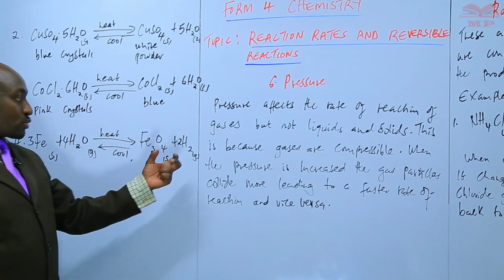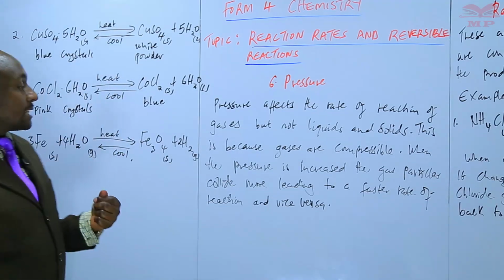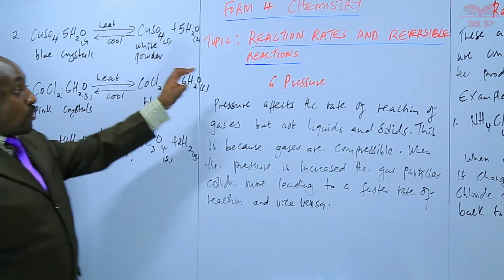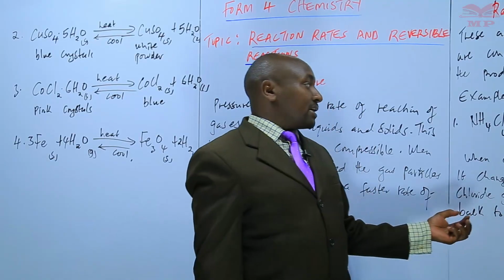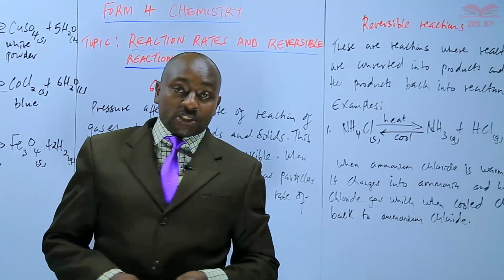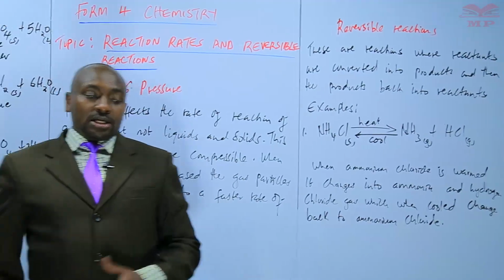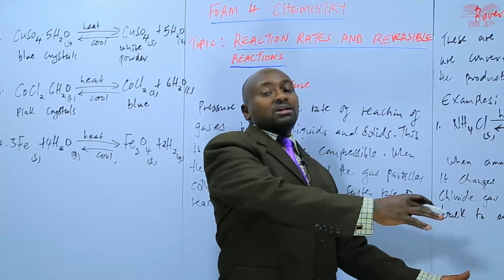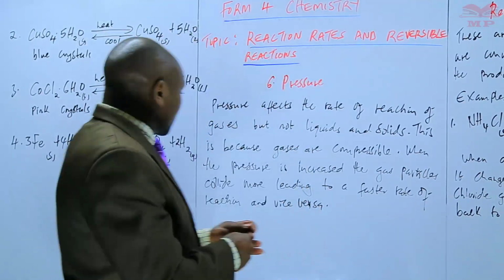The same case applies to all the other reactions that we have seen. So these are examples of reversible reactions, reactions that can proceed in both directions. Reactants can be converted into products, and products can be reverted back to reactants.